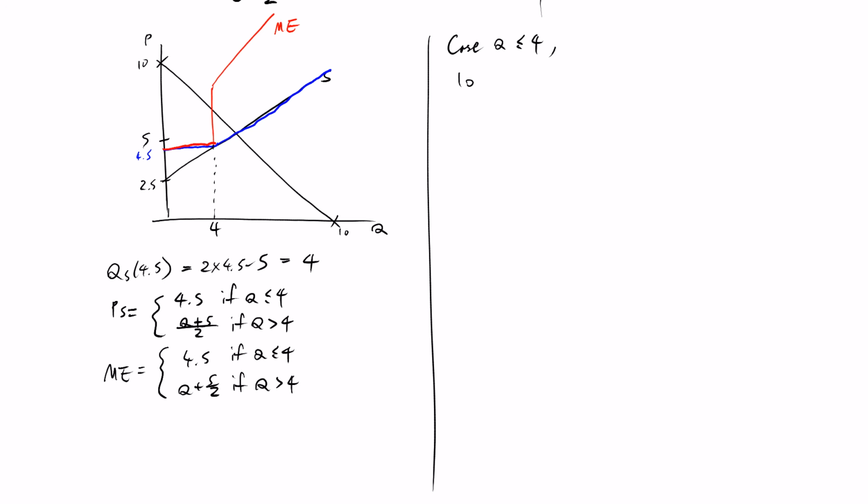Now, if you check the conditions again, like what we did just now, 10 minus Q equals 4.5. Q equals 5.5, which is bigger than 4, right? So this is actually not okay. And if you check the other case too, if you assume you are going to hire more than 4 people, Q bigger than 4, then 10 minus Q equals Q plus 5 over 2.